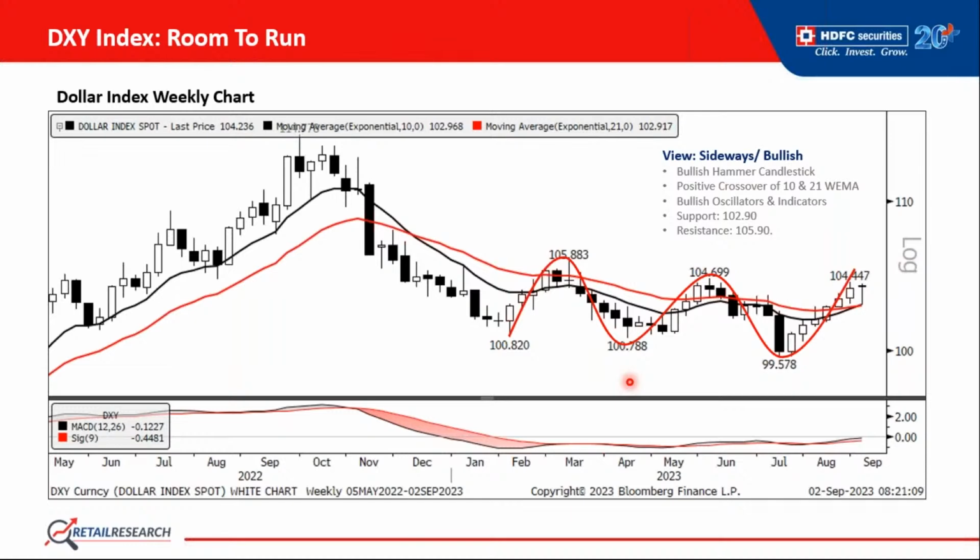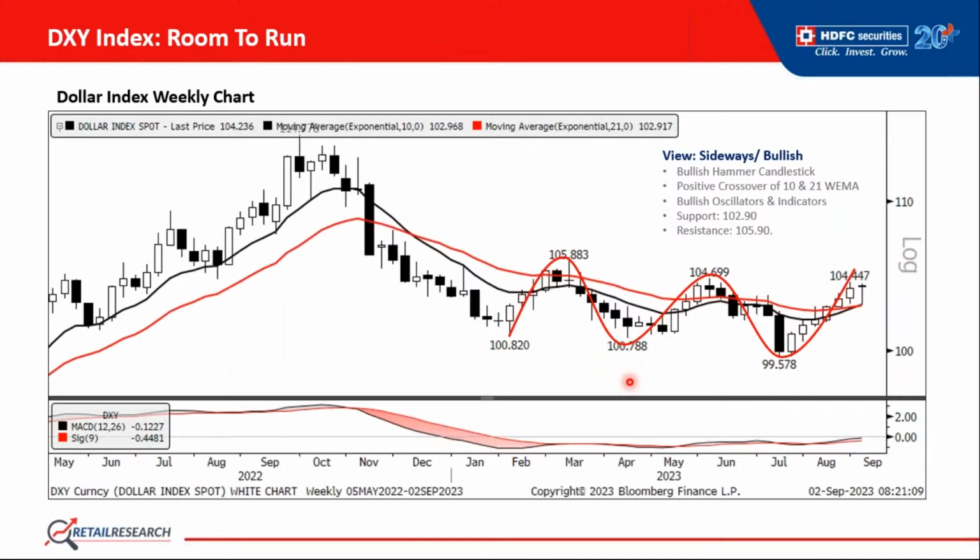The reasons are not only technical, but we are seeing that the fundamentals are also favoring the dollar bulls. If you go by the numbers, the Fed is about to deliver a last hike before the year end. If you compare the US economy with Europe and some of the other developing economies, the US is doing far better.